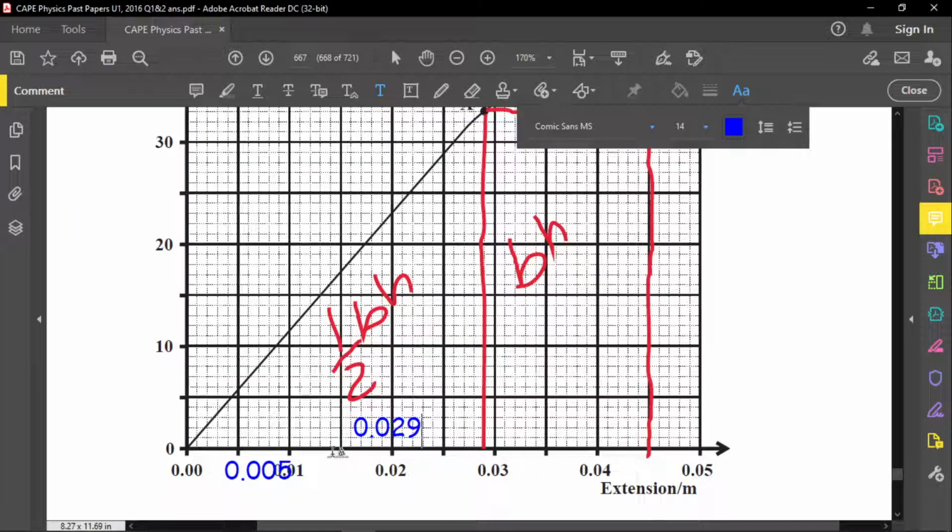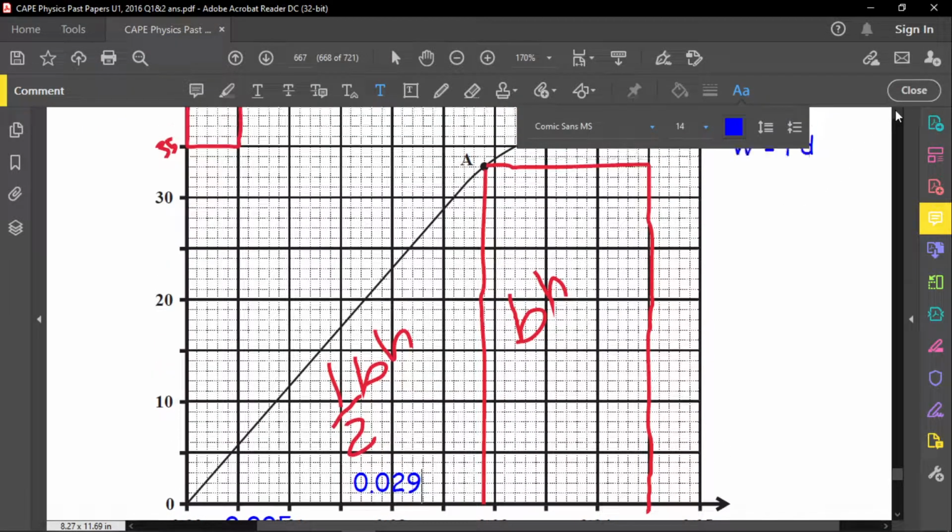That's the base from the 0 point to this point. The height goes all the way up to this line, which is the third line after the 30, so there's going to be 35. So we're going to multiply the base by 35 and then divide by 2, because it's half the base times the height.